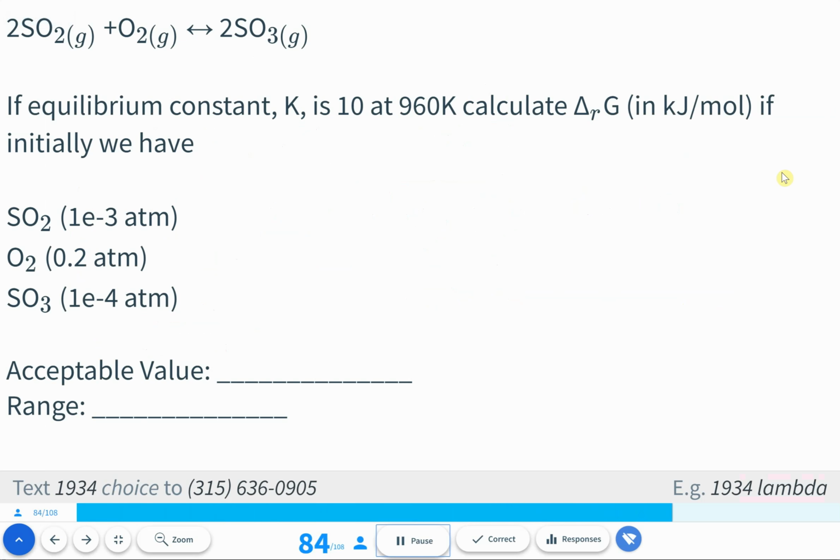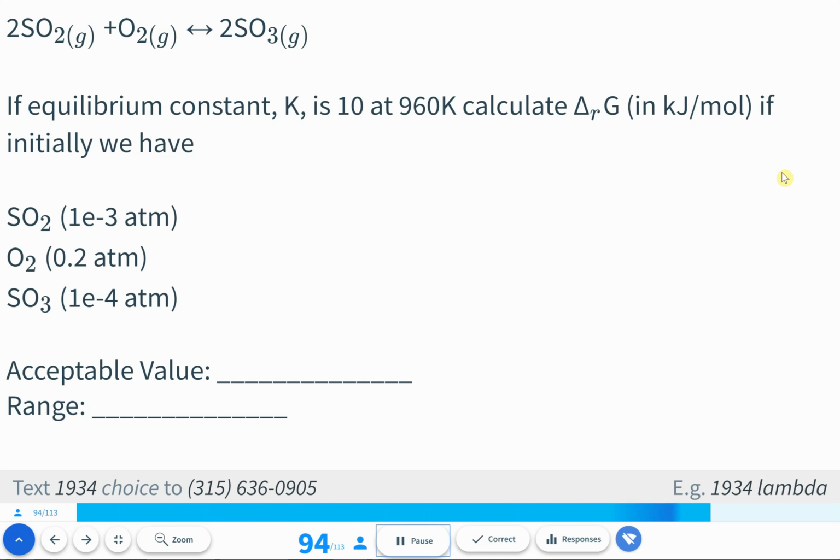Is it Nathan? Yeah. So I found this. So what do I do? So first thing you do is add equilibrium. When K equals 10, then you can set this equal to 0. And this is now K, not Q, because it's at equilibrium. Okay. So that allows you to solve for delta Rg naught. Once you solve for delta Rg naught, which looks like you tried to solve for it here. Is that the right answer though?